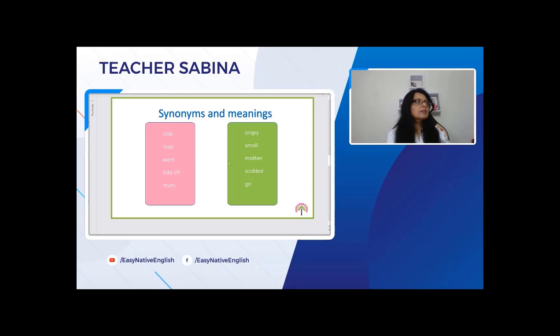So you can write them down in order. What is the word that is similar to mad? What is the next word which is similar to went, told off, and mum? Which of these words match up and mean the same as the words on this side?